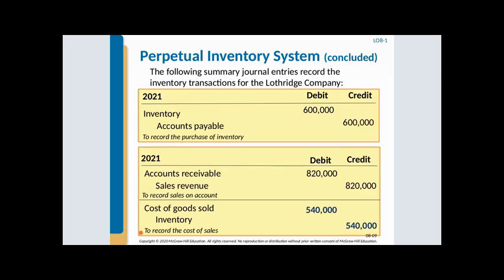If we sell that inventory, then we're going to have two journal entries. One to record the sale, and the second one is to adjust our inventory levels and record the cost of that inventory that was sold. So just an obvious point, but I want to point out that, of course, the sales price of the inventory is going to be higher than its cost, right? Because that's how we make a profit.